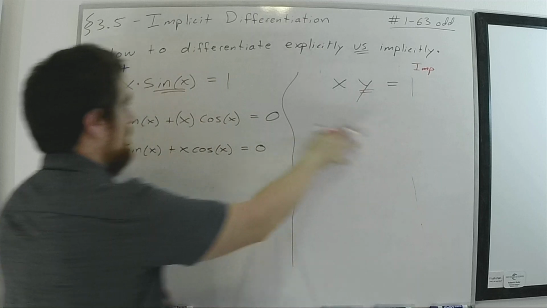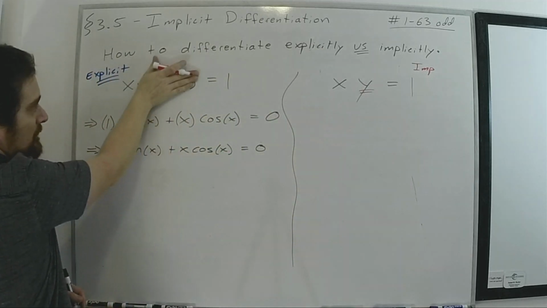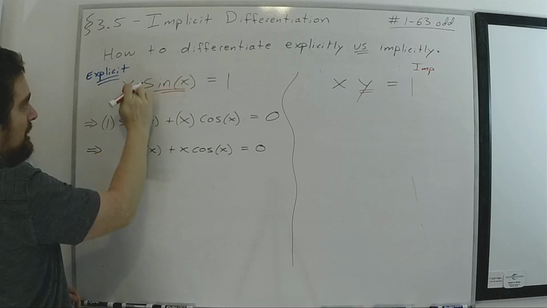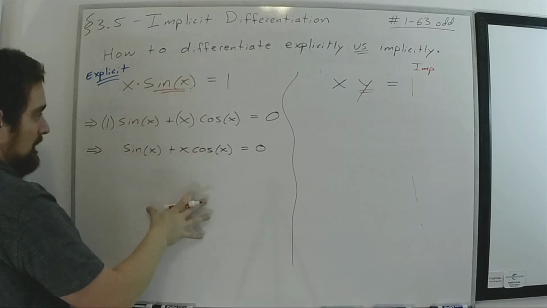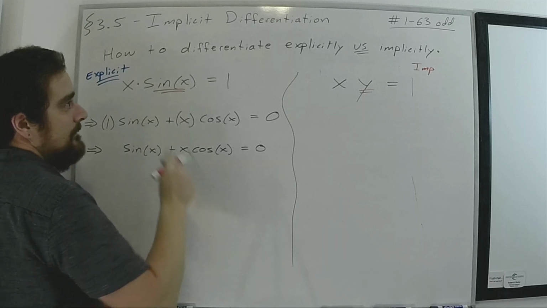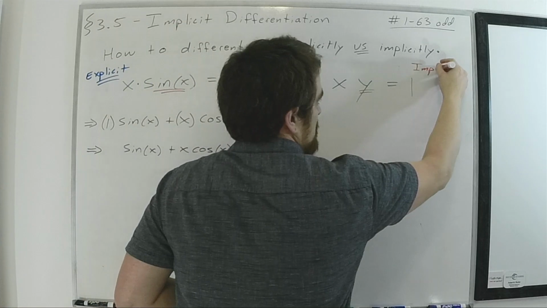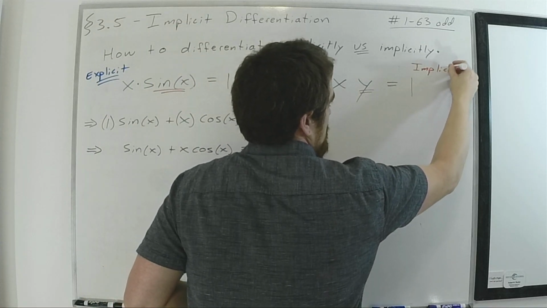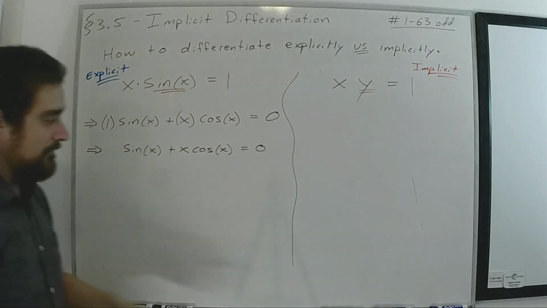In this case, I've already revealed the secret, and I've shown you that there is another function being multiplied by the variable x. But this is how I go through the process. If you don't get to see behind the curtain, and this is what's given to you, implicit, then you never knew that that was a sine function.